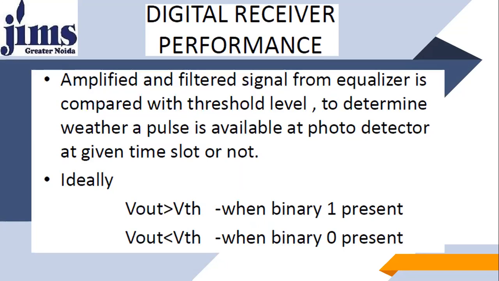So before the decision comes from the receiver, it has many circuits of amplifiers and filters. The responsibility of the filter is to remove the noise components from the received signal, and we have amplifiers also to amplify the signal.